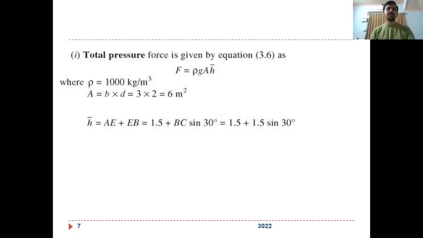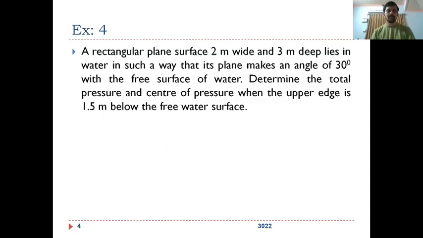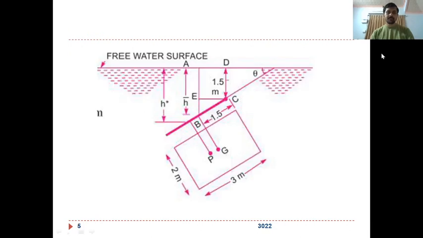What is h bar? You look at the diagram. H bar is the vertical distance of the center of gravity from the free liquid surface. AE plus EB. Look at the diagram. H bar, see here, AE plus EB. This is the distance of center of gravity of the inclined surface from the free water surface.